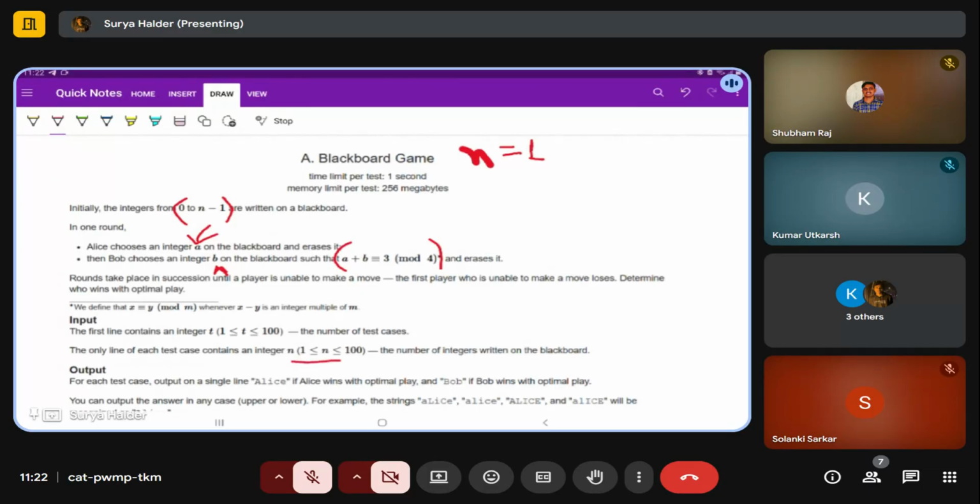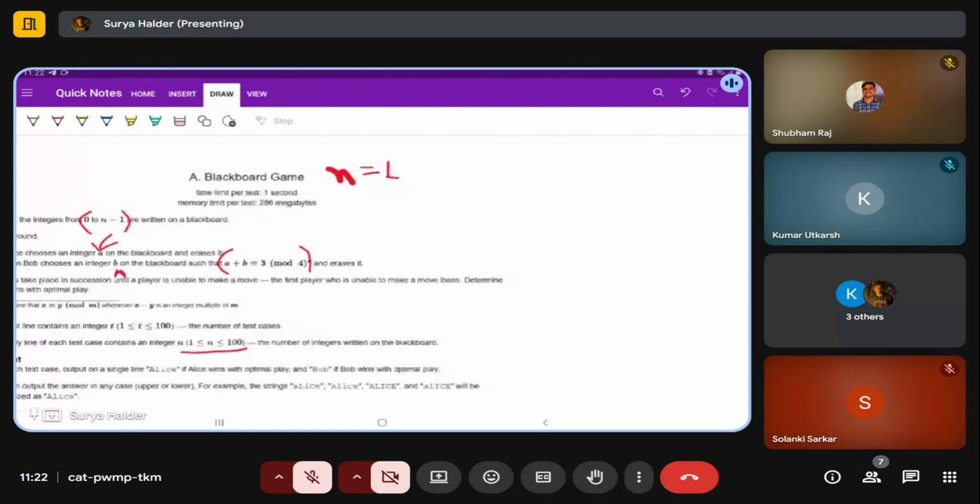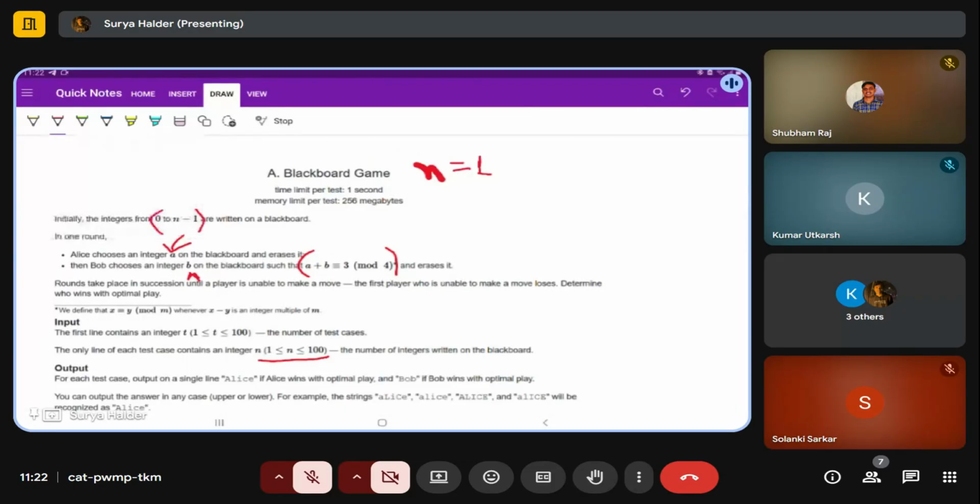So n is equal to 100 in the maximum case. This question you can solve from observation. For n equals 1, I only have one element, that is 0. So Alice in her first round picks up the 0, and now my array is empty, so Bob cannot pick up anything. So for n equals 1, Alice wins.